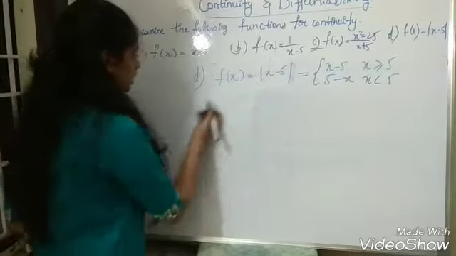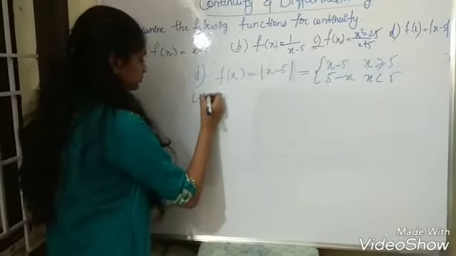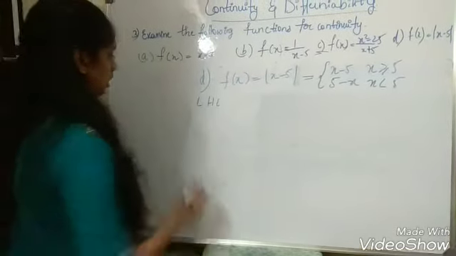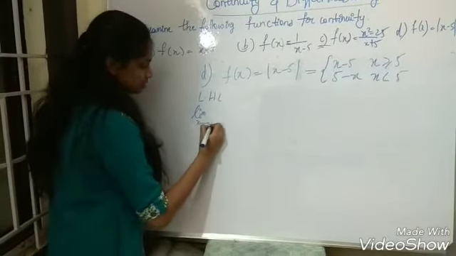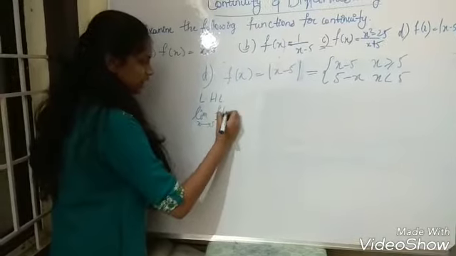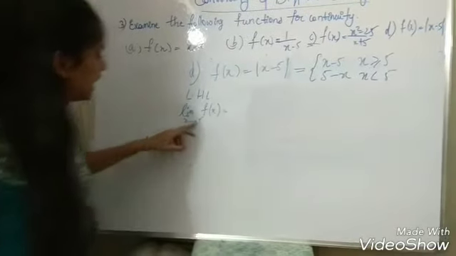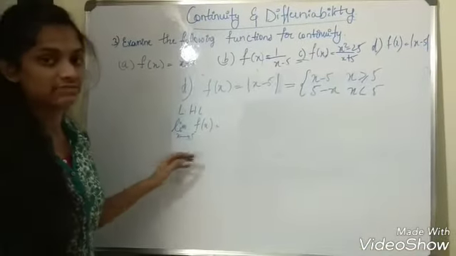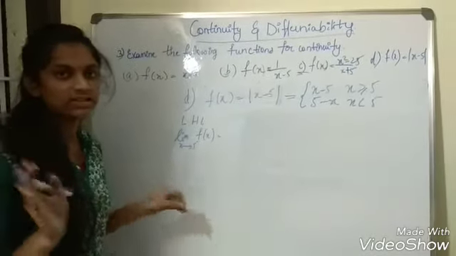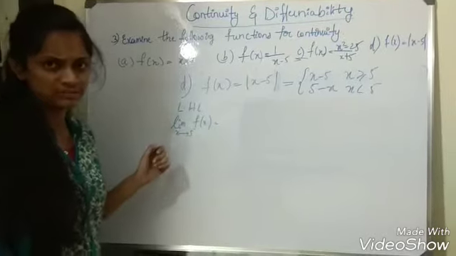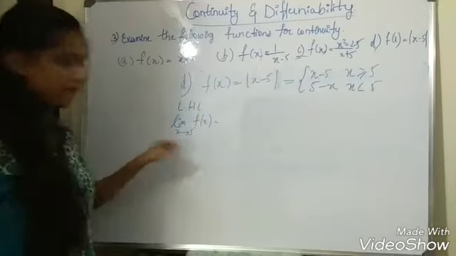Now we will check its left hand limit. Limit x tends to 5 minus of f(x). Now it is x tends to 5 minus, means it's left hand limit. The value of x is less than 5. Means it's very much equal to 5, but it's a little bit less than 5.